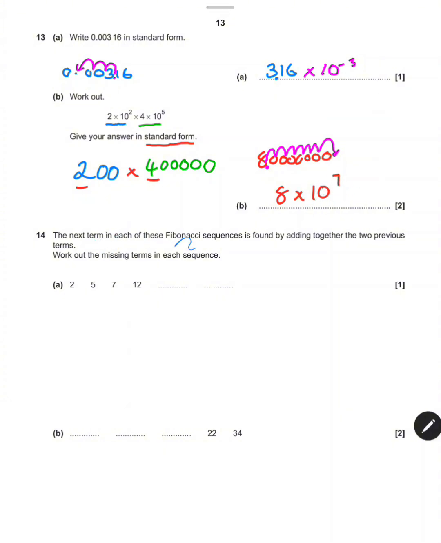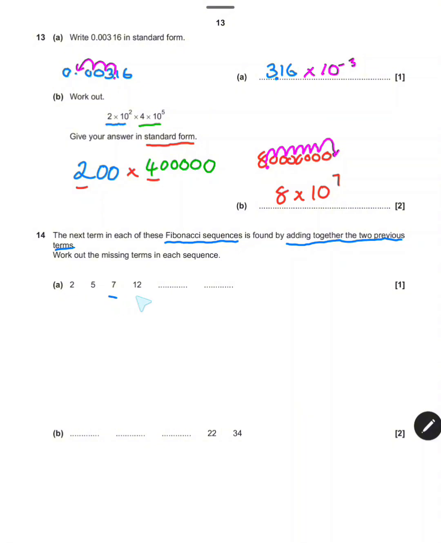Question 14, it explains what a Fibonacci sequence is. It says you add together the two previous terms. So 2 add 5 is 7. 5 add 7 is 12. So we need to add two numbers together to make the next number.